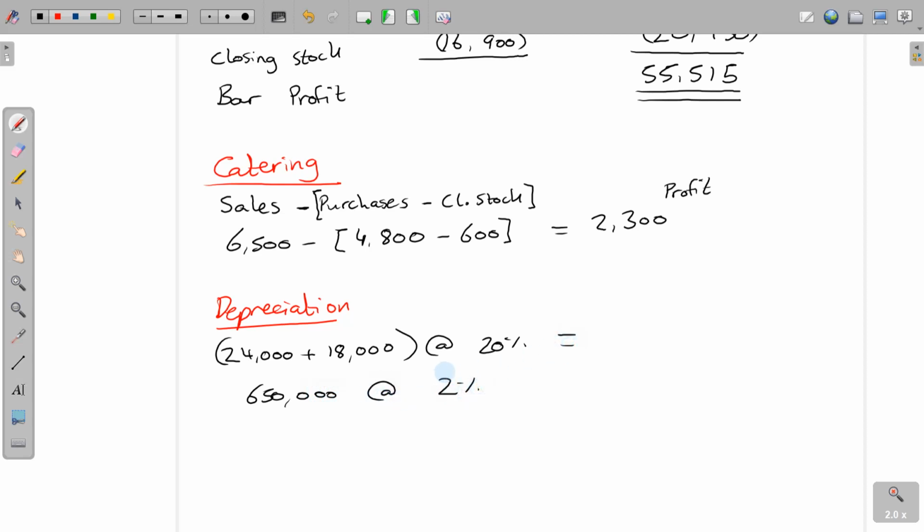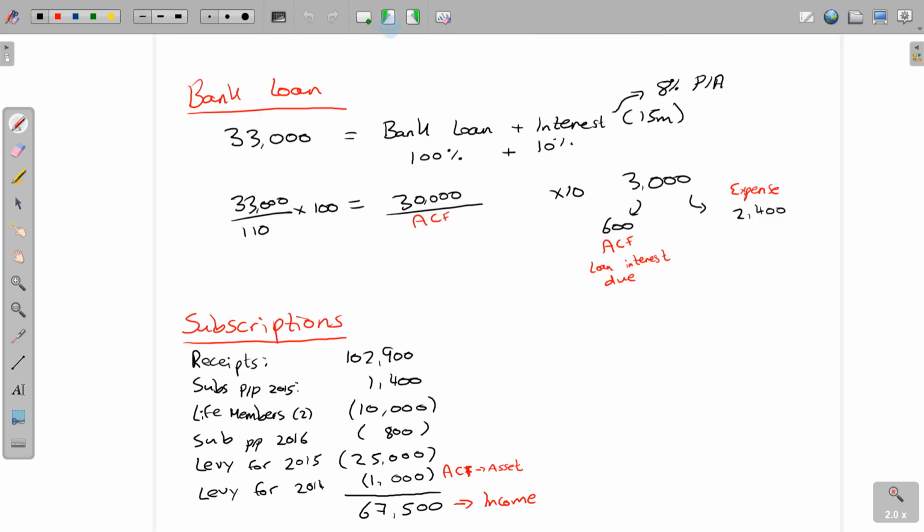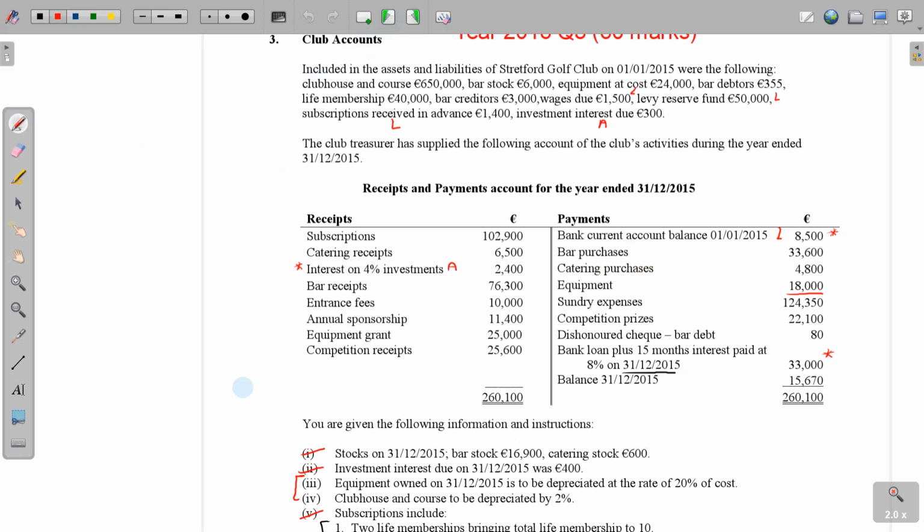And that will give us depreciation of 8,400 and 13,000. That was straightforward enough. Two done.